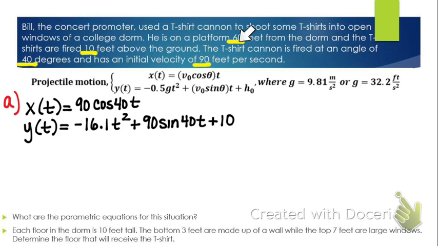After we figure out how long it takes to travel horizontally 60 feet, we can figure out the height at that time. So let's go ahead and find t. Because I know he's standing 60 feet away, let's take that 60 using your horizontal component and solve for t.